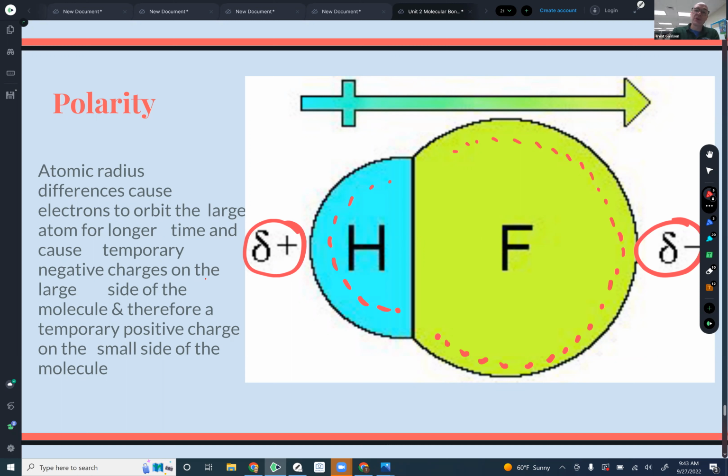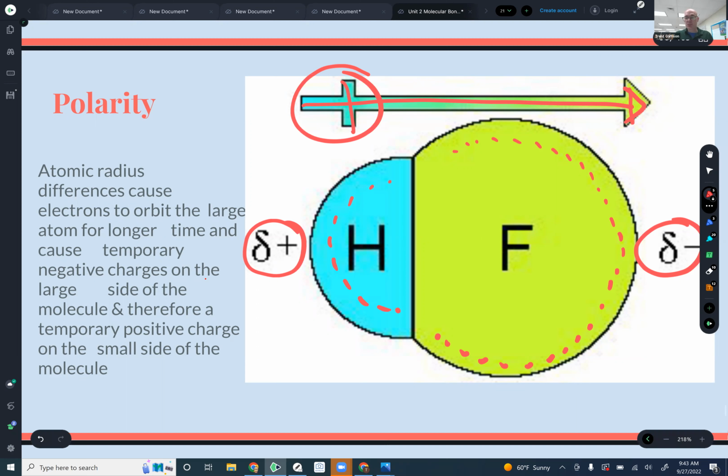Notice there's also an arrow being shown here, and it's pointing towards the negative side, and there is this positive symbol that is kind of being made on the other side. So positive points towards the negative. And we call this temporary magnetic charge a dipole moment.